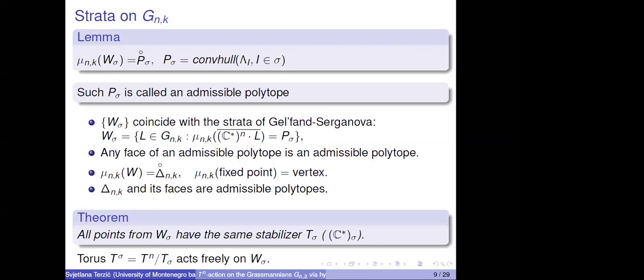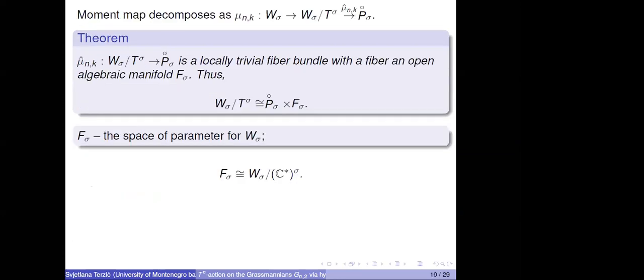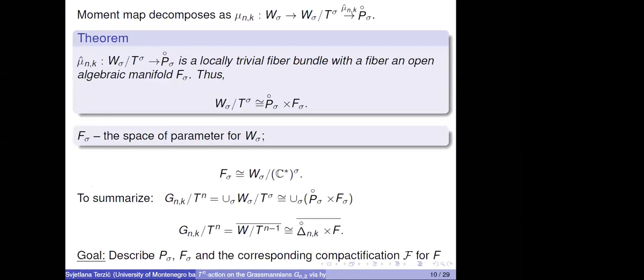Now, what we proved earlier in one of the papers I listed is that when we take a stratum, all points have the same stabilizer, both compact and algebraic. So we have a torus which acts freely on W_sigma, and we have a moment map from W_sigma.